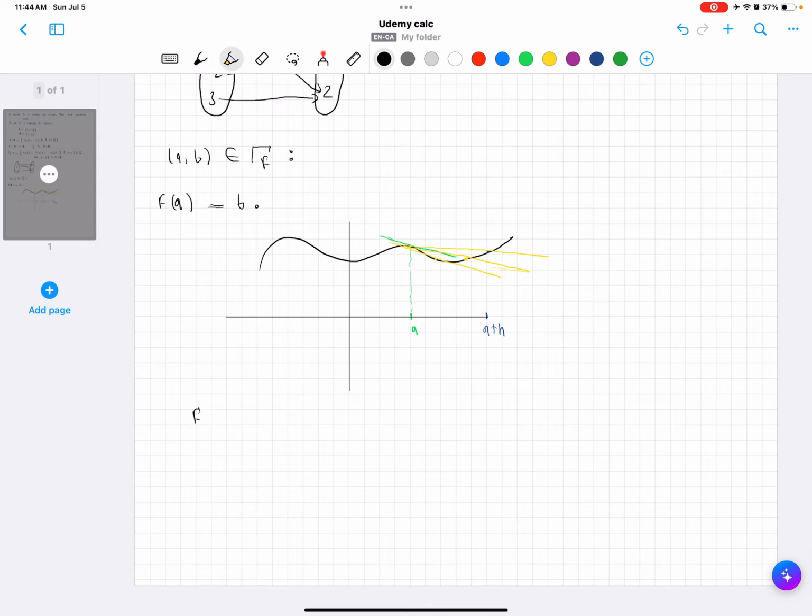So that means that f of a plus h minus f of a, over a plus h minus a, that's the slope of the line, is equal to f of a plus h minus f of a over h. We can see here that as h approaches 0, as a plus h gets closer and closer to a, at 0 it approaches the instantaneous rate at which the function is changing at that particular point a.